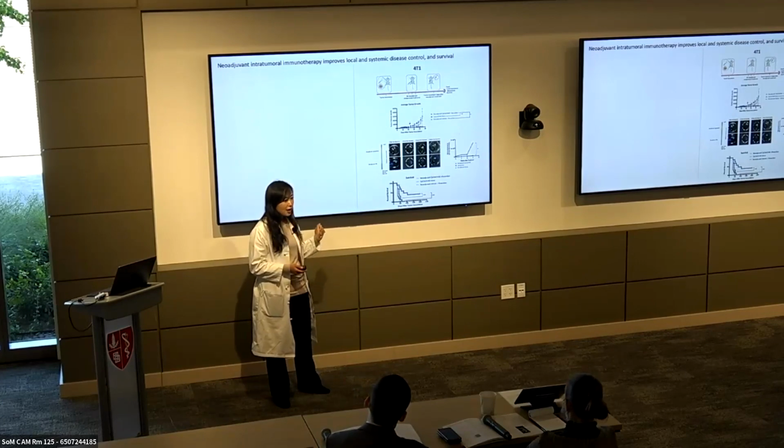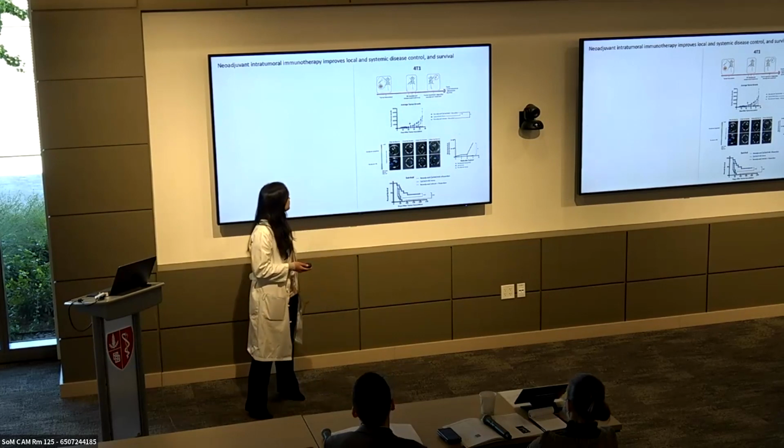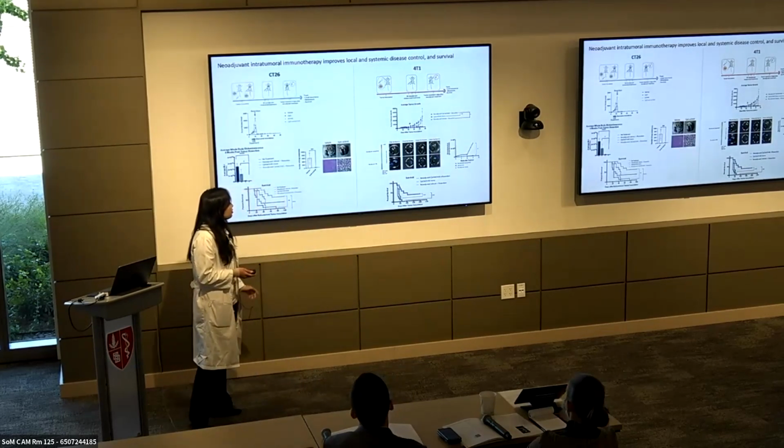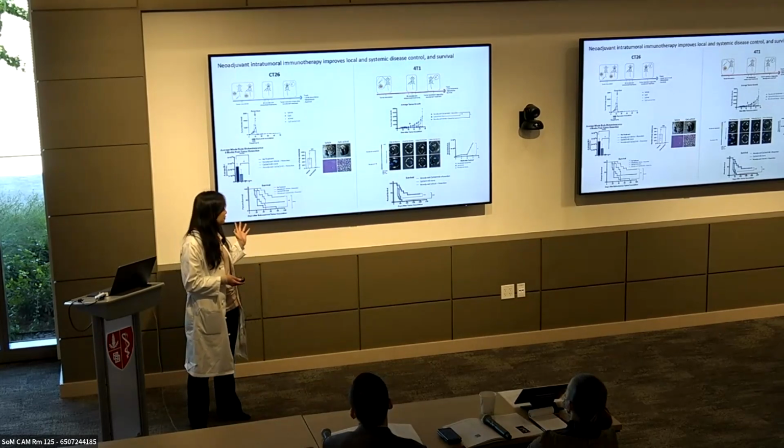In fact, we actually had no survivors that were treated with just vehicle and resection or just immunotherapy. So we had essentially very similar findings across both preclinical tumor types.